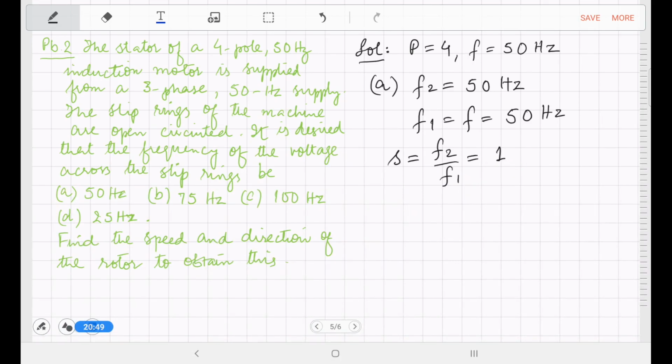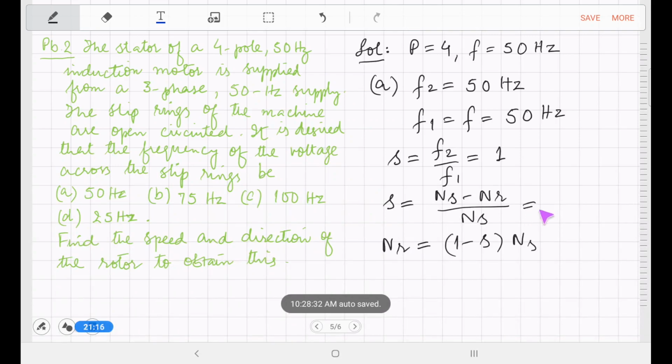And hence we can find the speed of the rotor in terms of slip. As we know, slip is given by (Ns minus Nr) by Ns. From this we can also see that Nr will be equal to (1 minus S) times Ns.